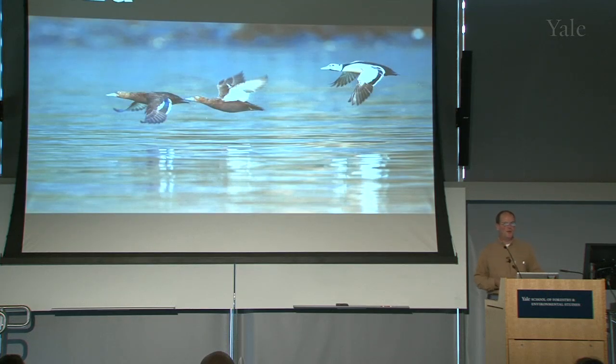So for the past 200 years in the United States, volunteers have participated significantly in ornithology. And beginning in the early 2000s, the Cornell Lab of Ornithology and National Audubon Society developed a project called eBird, which was developed to take advantage of newly emerging, at the time, information technologies to engage bird watchers to submit observations to a central database.